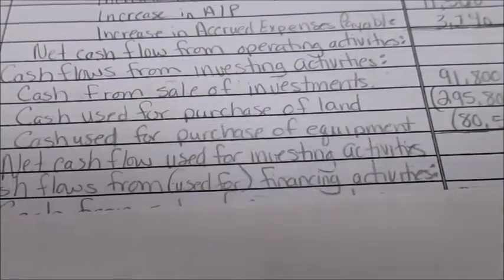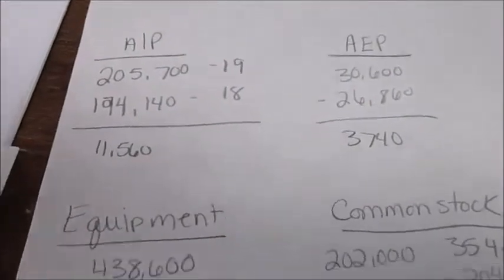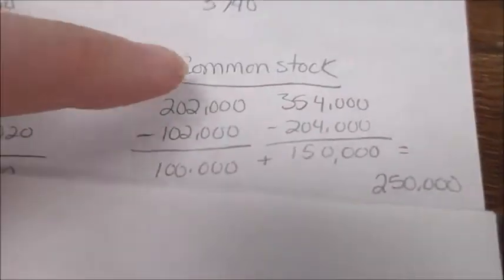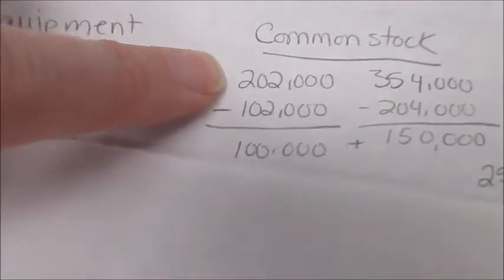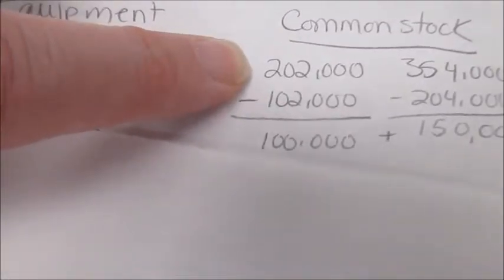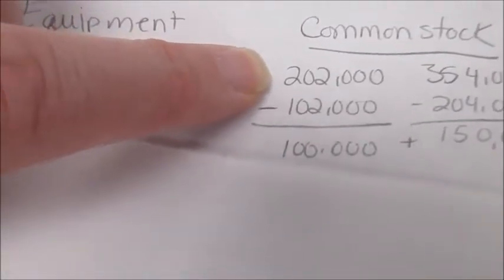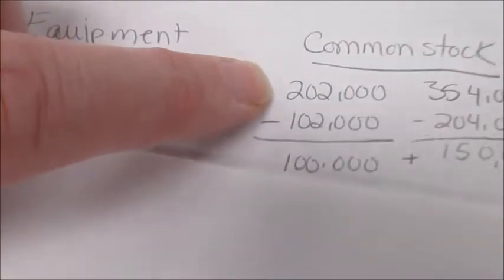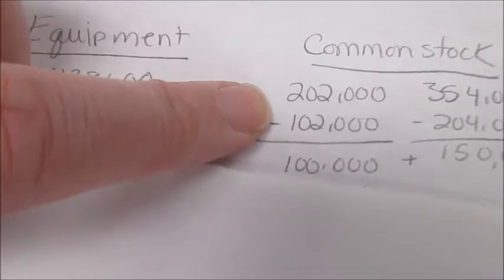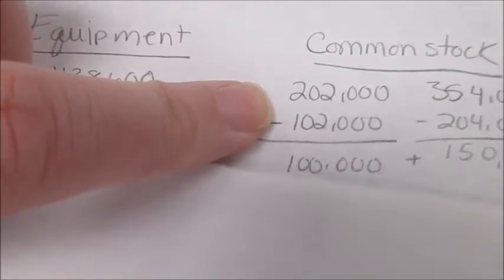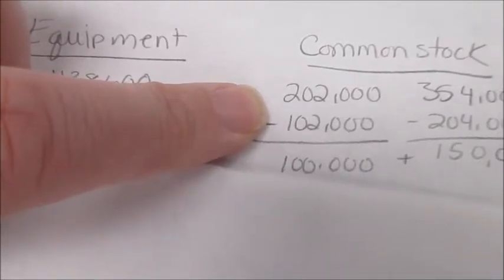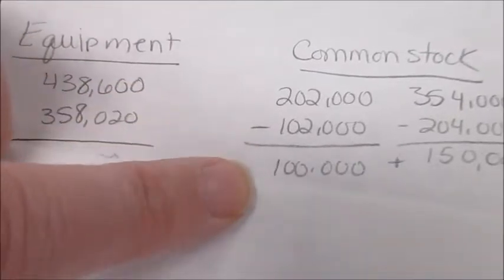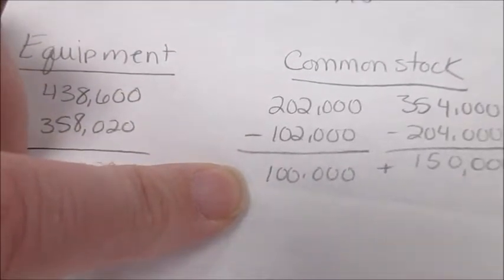The way we calculate common stock is we're going to take the $202,000, which is the balance in the common stock on December 31st, 2019. We're going to subtract the $102,000 from 2018, and we get $100,000.